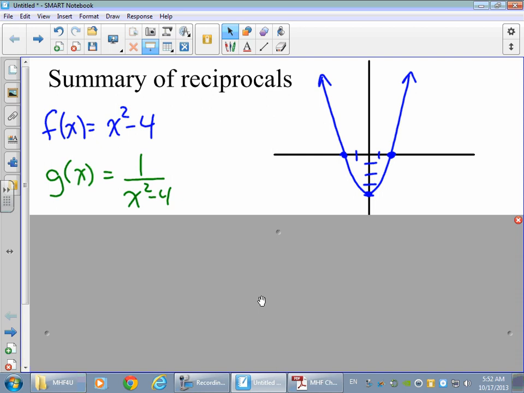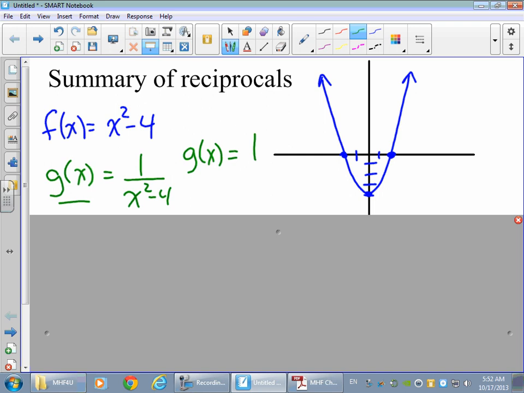So I've sketched quickly y equals x squared minus 4, or f of x equals x squared minus 4, off to the right side of the screen. And I'm looking to basically do the reciprocal. So some of the key ideas: the first thing to recognize is what we're doing in all cases is taking the g of x, let's say, looks like this.